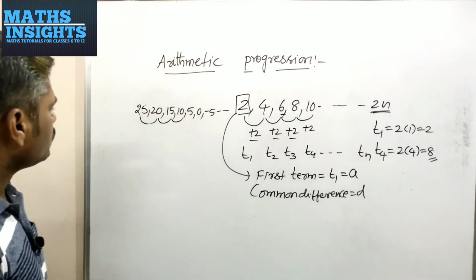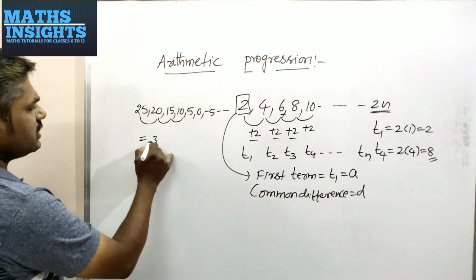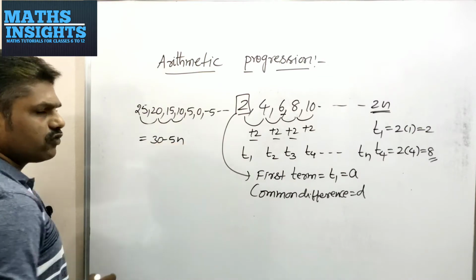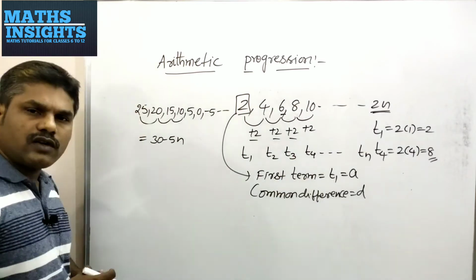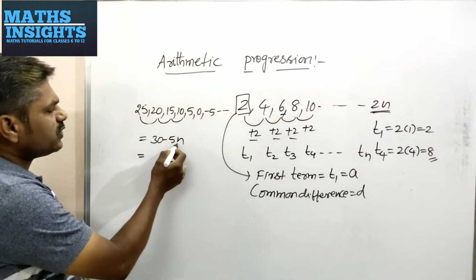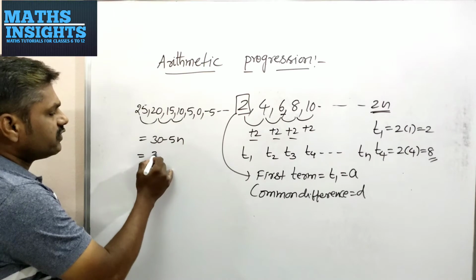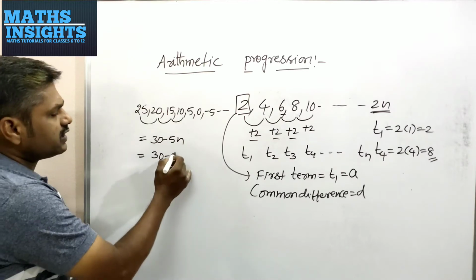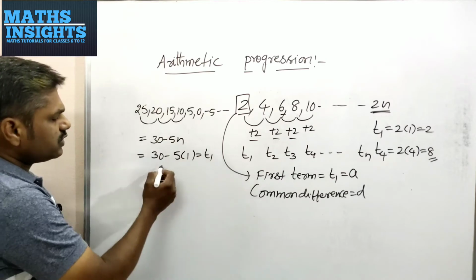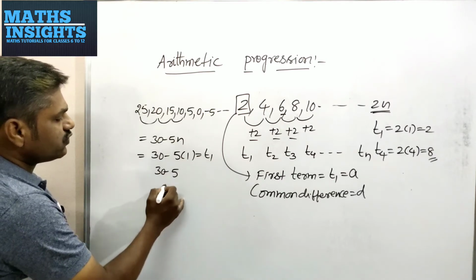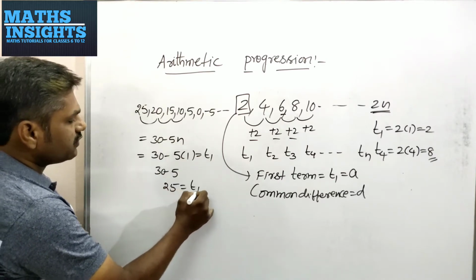Similarly, for this also you have a formula, that is 30 minus 5n. We will come to know how to obtain these formulas to find the particular terms. If you replace n is equal to 1, then it will become 30 minus 5 into 1, which is called the first term. So 30 minus 5 is 25. You are getting the first term.